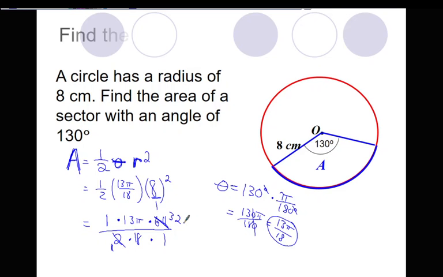Right? And then I have 18, which is also divisible by 2, right? So I divide that by 9, and 32 divided by 2 is 16. So now it makes my fraction more manageable. Now I have 13 pi times 16 over 9.